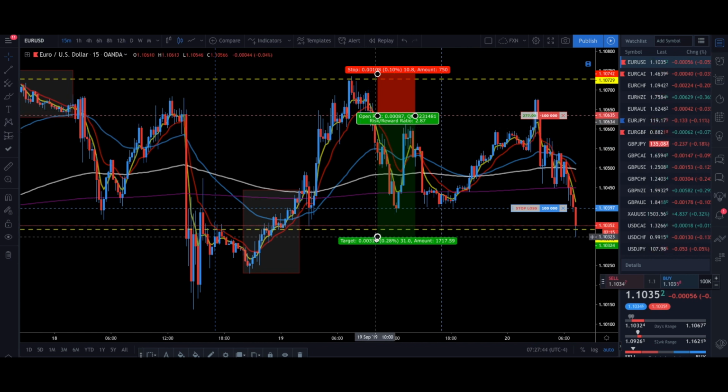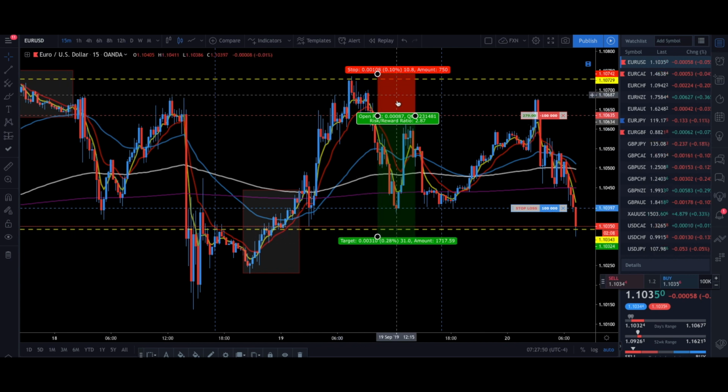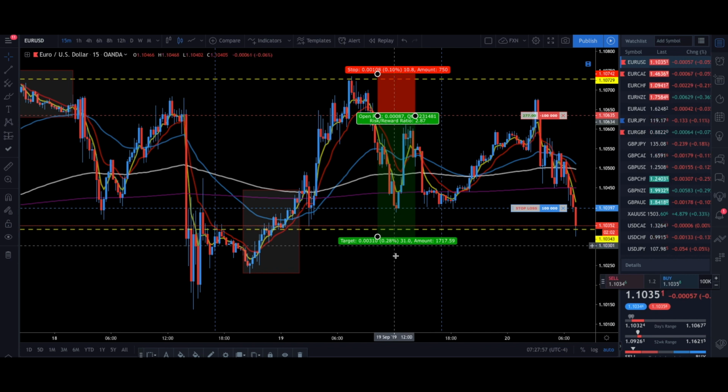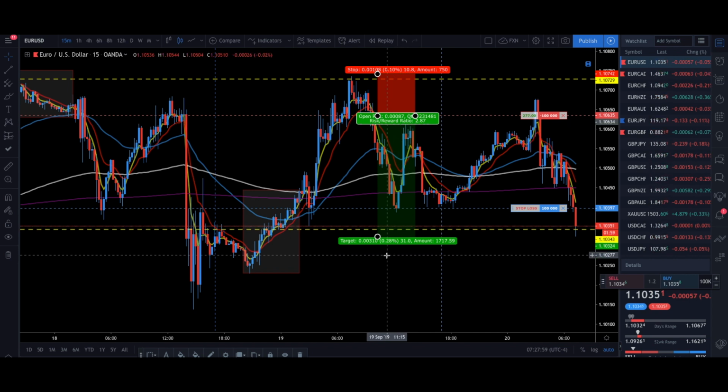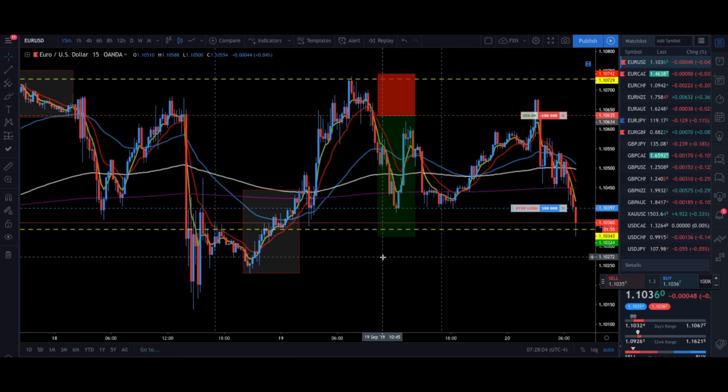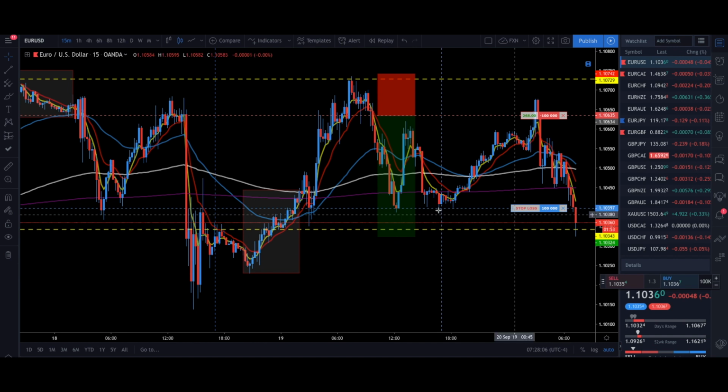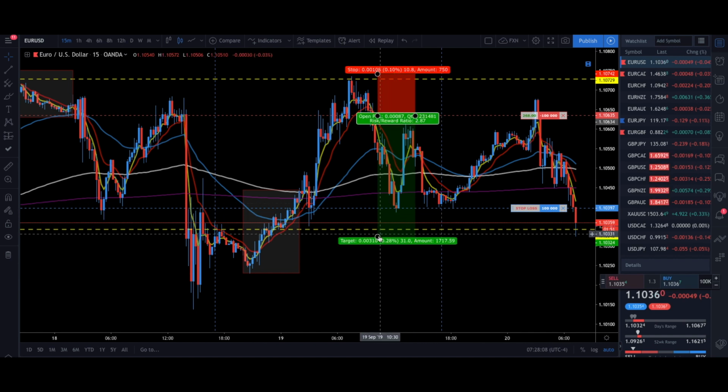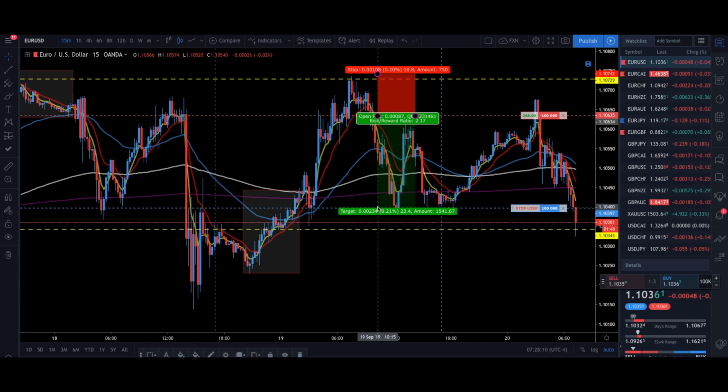Now on this one, Euro USD, the plan was for it to go down again 30 pips, but during that particular day you can see it only went down about 23 pips or so. Again, this was another trade where I completely forgot to put my take profit in, so I had to deal with the same kind of issue where it went all the way back and retraced to the very beginning.